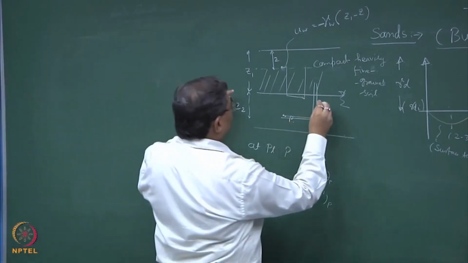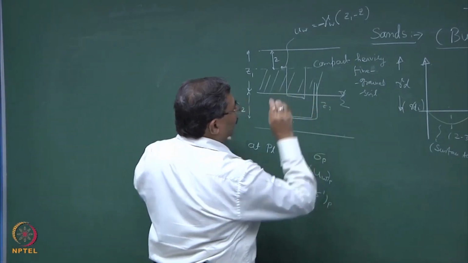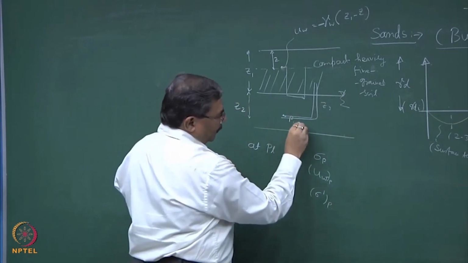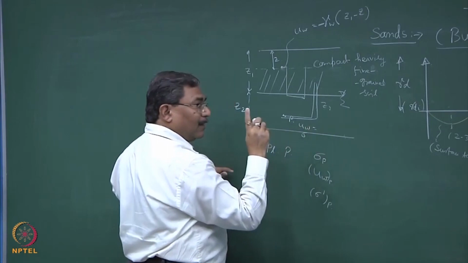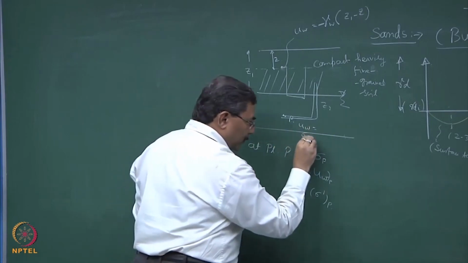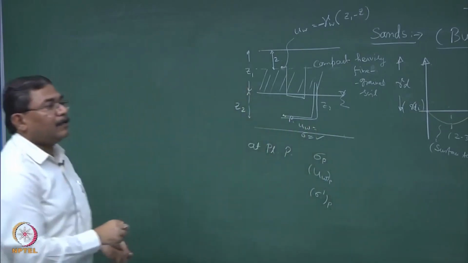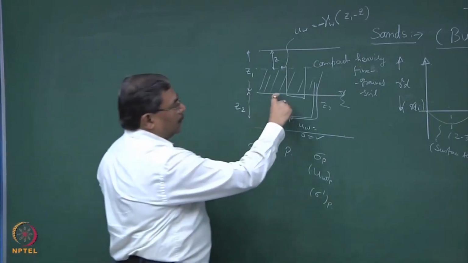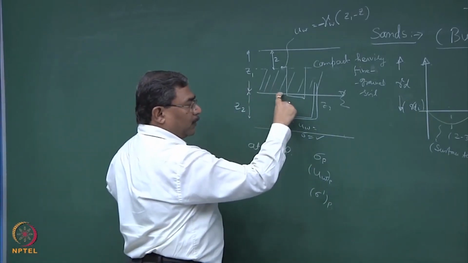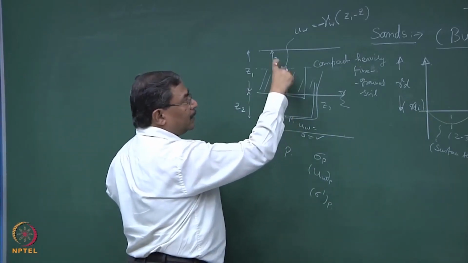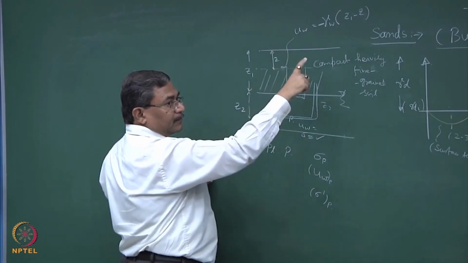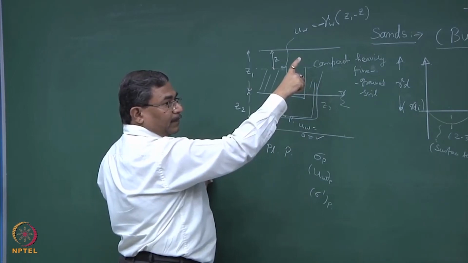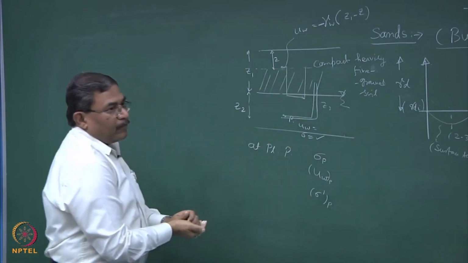So, this becomes your Z2. So, at this point, I know the value of UW, I know the value of sigma. Sigma is going to be tricky. Why? This is the saturated system, this is saturated, this is dry, depending upon the material property. It's okay? So, you have to be careful.